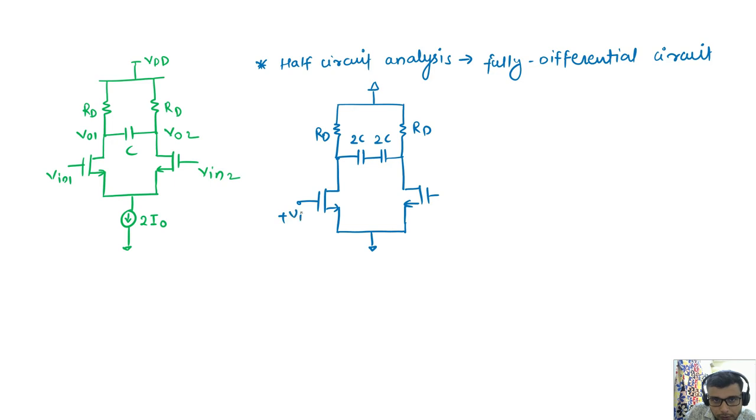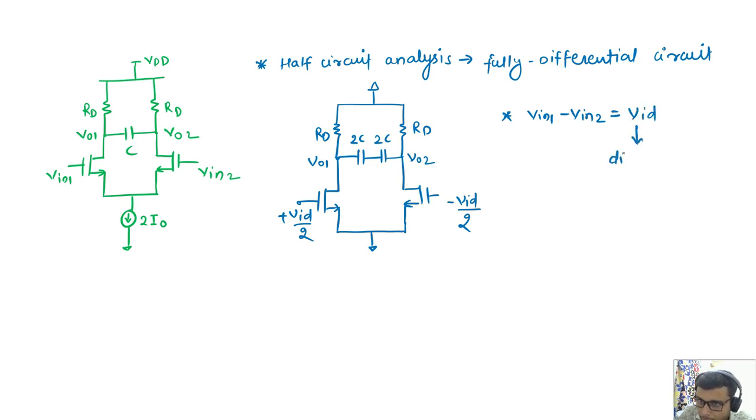For this input, I will write the differential analysis: this is plus VID by 2 and this is minus VID by 2. So the difference, V in 1 minus V in 2, is nothing but VID. It is called the differential input, VID.